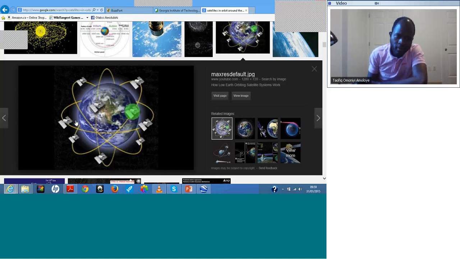I need to just count the orbits because the picture shows a satellite on its own orbit twice. So the number of satellites here are just 1, 2, 3, 4. Yes, because there are just 4 orbits.